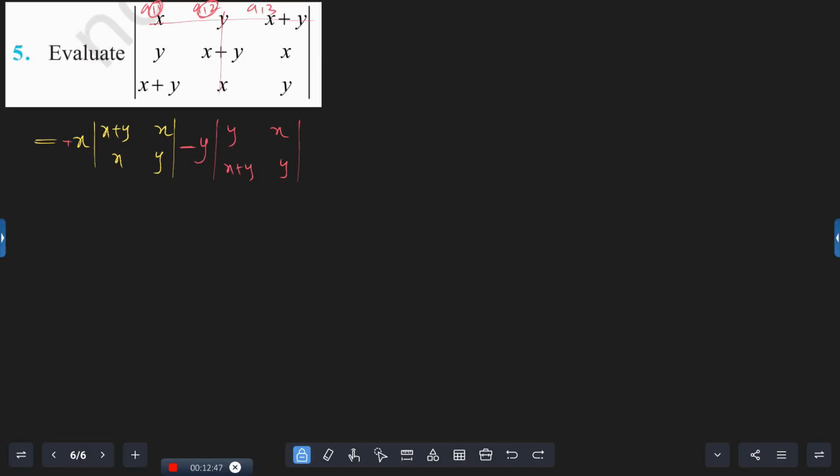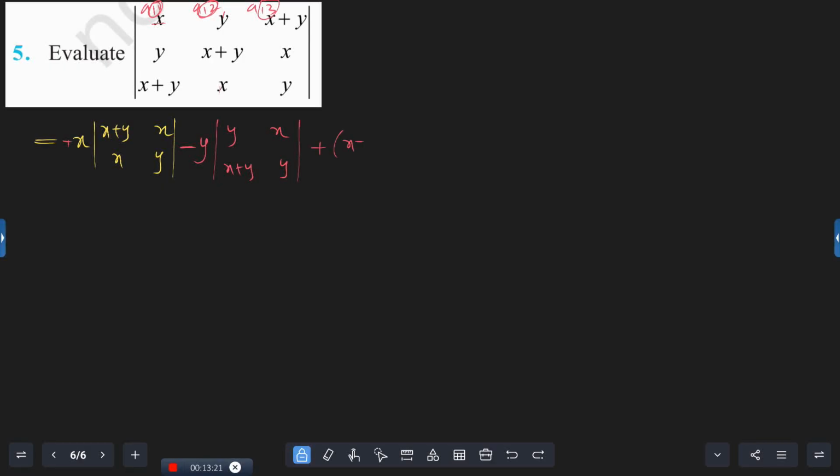Next, the third element, 1 plus 3. The element 1, 3. 1 plus 3 is 4, which is even, so that is plus.